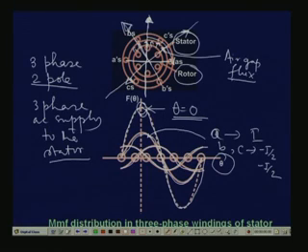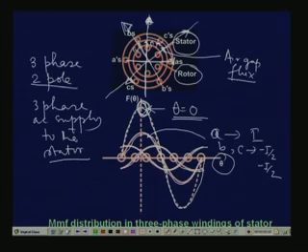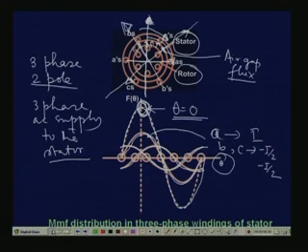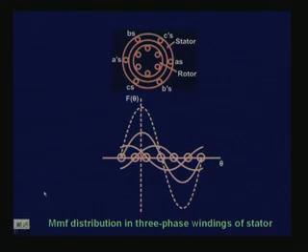In other words, this peak that is now occurring at theta equal to 0, over time it will sweep and it will again come back. So the peak of the MMF wave is rotating around the stator. So that is called the rotating MMF. Okay. This is the main point.